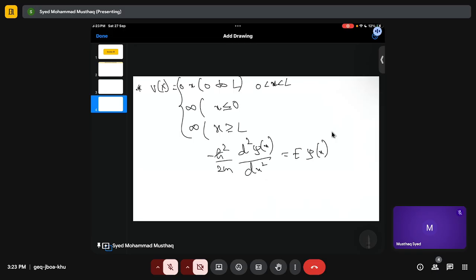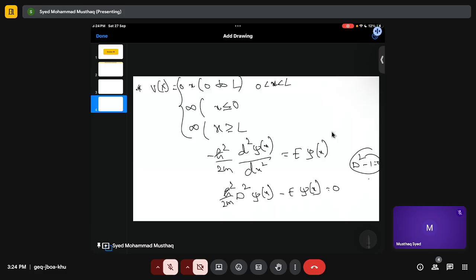See, if I write it like this, d squared, or you can consider d squared minus a constant k squared.